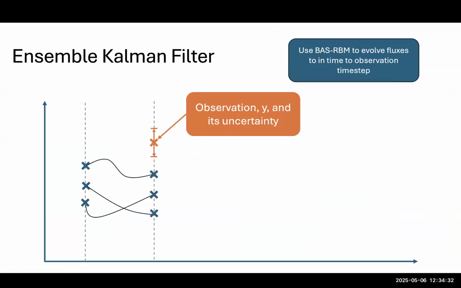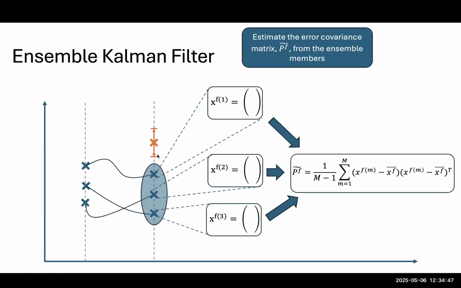Then we run these ensemble members forward to the observation time step, where we have an observation with some uncertainty. And then we use our ensemble members to estimate the error covariance matrix, so the uncertainty in our prior state.